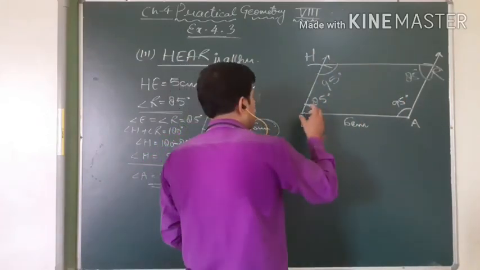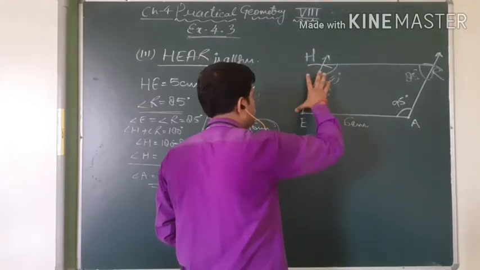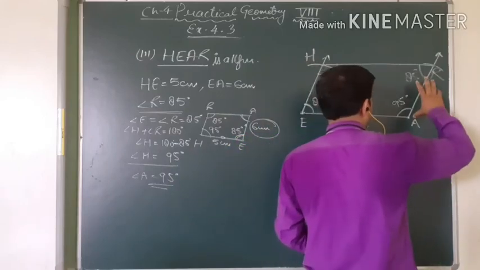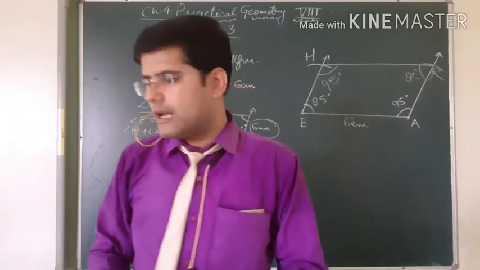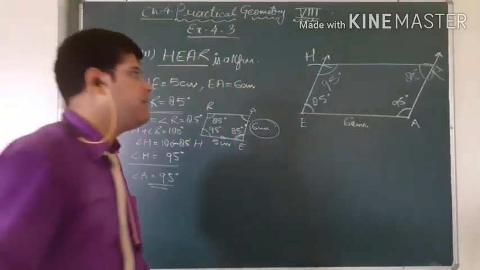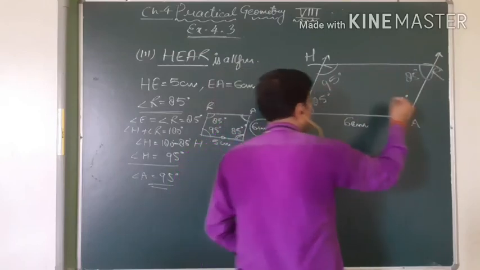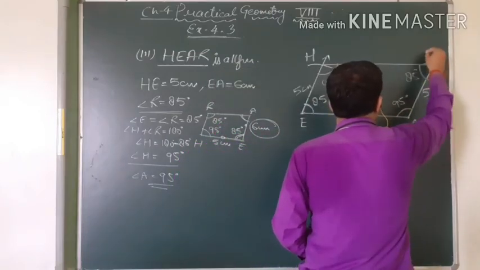Now make an arc of 5 centimeter from point E, which refers to EH, and make an arc of 5 centimeter from point A also. Both arcs must be named H and R. Join H and R. Now we get our parallelogram.